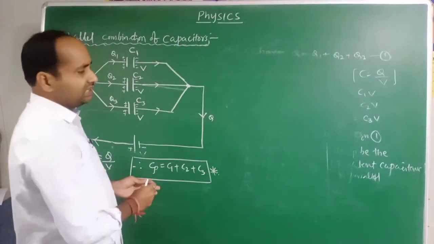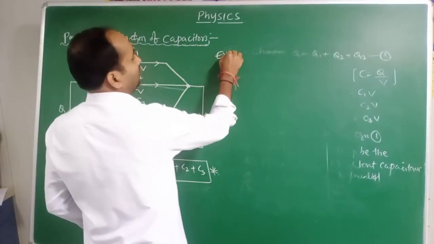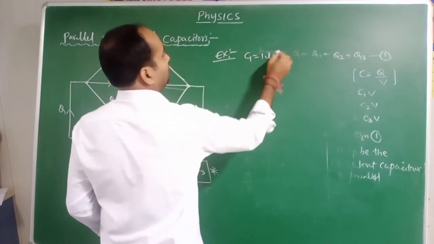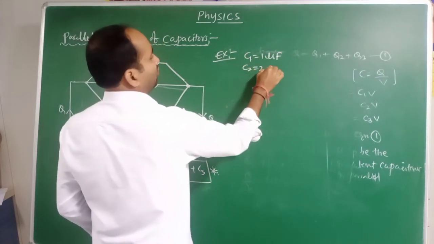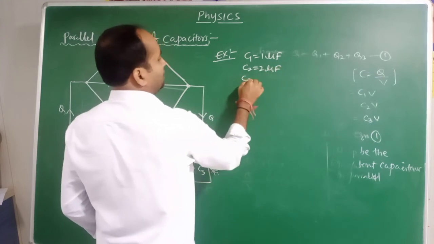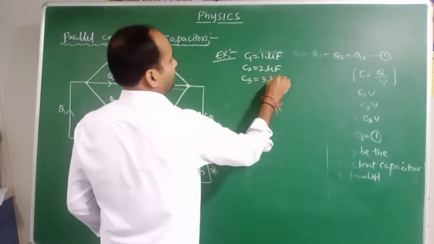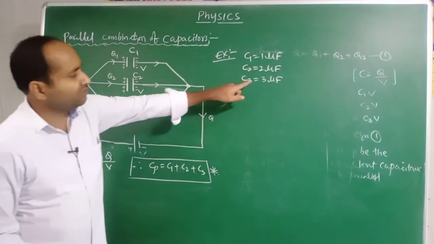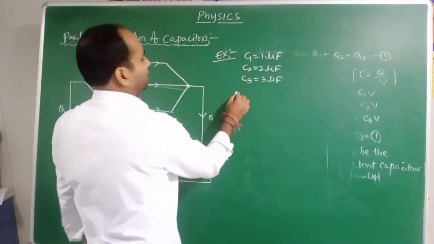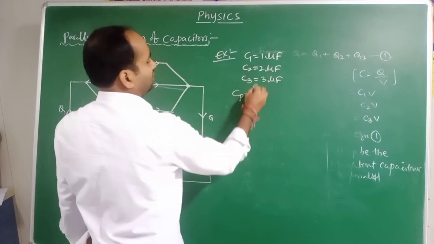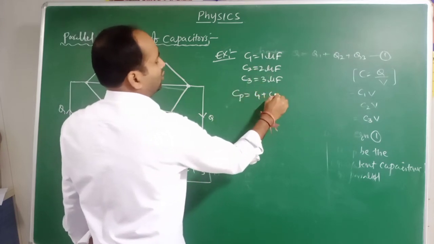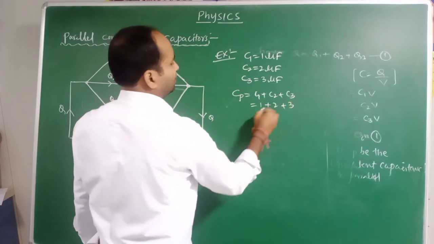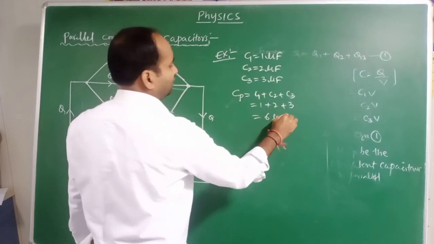Let C1, as in the previous example, be 1 microfarad, C2 is 2 microfarad, C3 is 3 microfarad. What is the highest value here? It is 3. Then if they are grouped in parallel combination, C1 plus C2 plus C3, that is 1 plus 2 plus 3, which is equal to 6 microfarad.